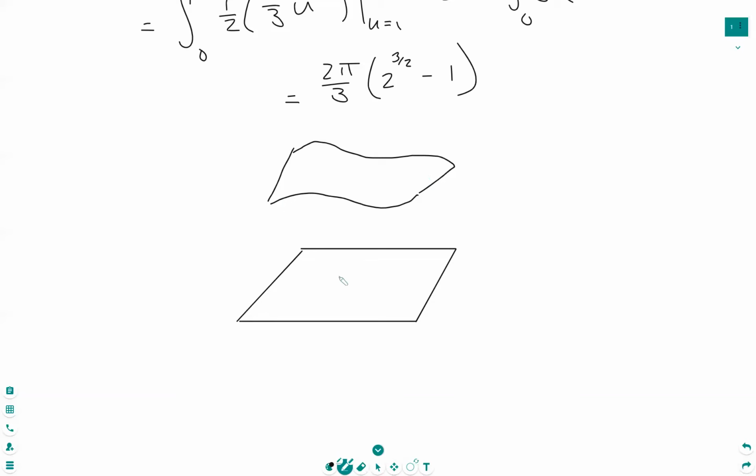So down here, we have some area we'll call delta A sub k. And then here we have delta S sub k. And the idea here is, given some corner piece of this surface area, we have two vectors.